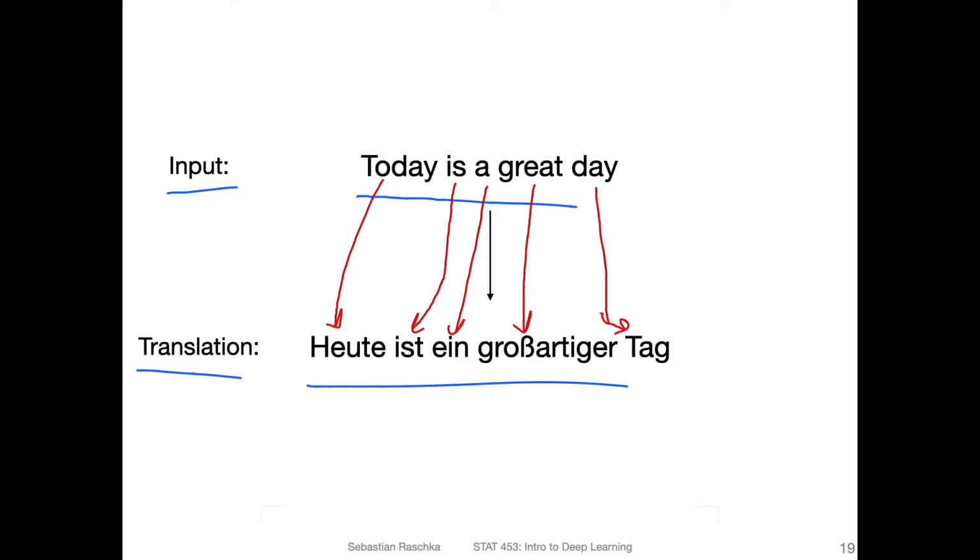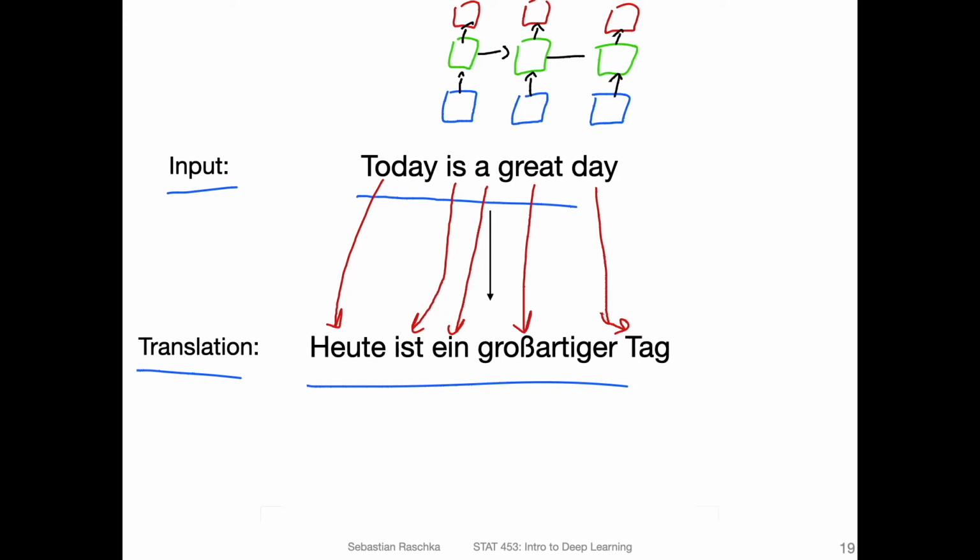So if you have a sentence like that, you could almost use the many-to-many RNN that we learned about in the previous lecture, the one where we have the inputs, then the hidden states, then the outputs, and we technically could just have a many-to-many setup where we are translating word by word.